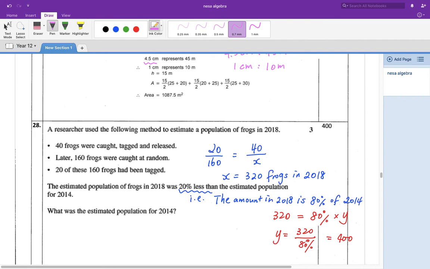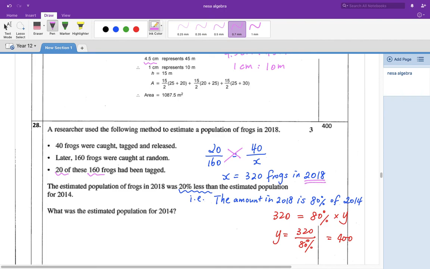So if 20 out of these 160 frogs had been tagged, that's the percentage I get. That's going to equal the percentage of the frogs I tagged initially. So I tagged 40 out of however many. That's what I'm trying to find out, right? So 40 over x, that's the percentage. It should be equal to 20 over 160. And then you do cross multiply. X is 320 in 2018.